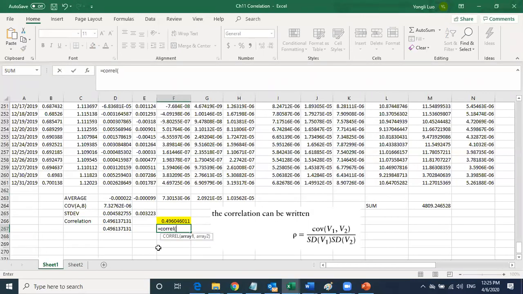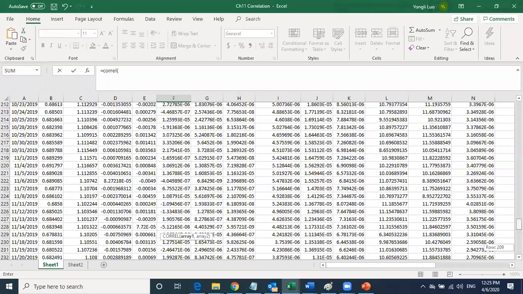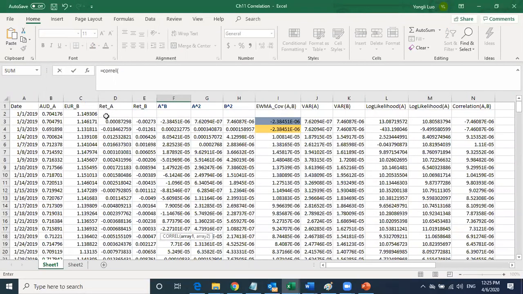Remember, you have a correlation function. You choose the return of these two.